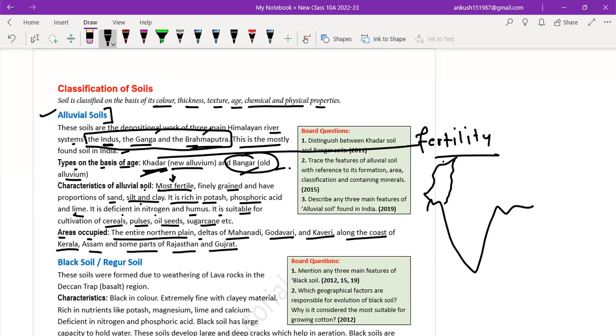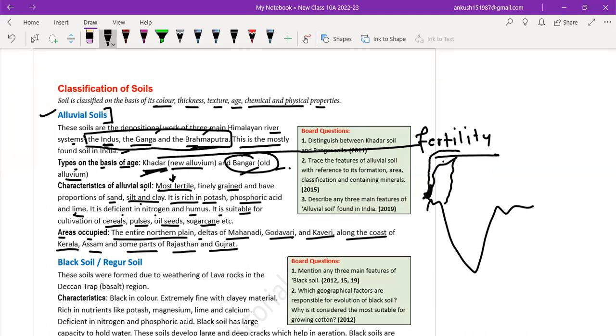But there are some rivers which have their own area from where they are flowing, and the water is provided from this area, and in their deltaic region where they meet the Arabian Sea, they form the alluvial soil.